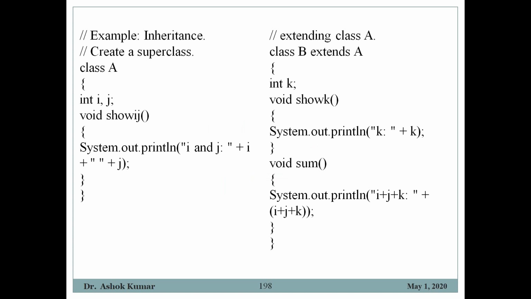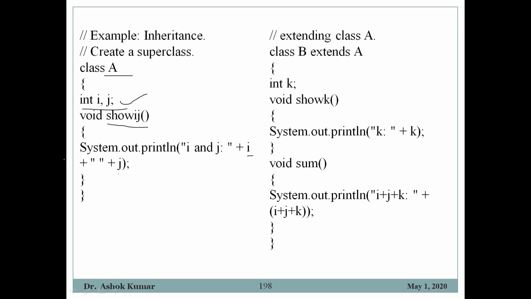In this example, we have one superclass named A, and in this superclass there are two instance variables, i and j, which are the attributes of the class, and there is one method. We have named it showij. This method is basically displaying the values of instance variables i and j. When it is called, it will display the values of the instance variables i and j.